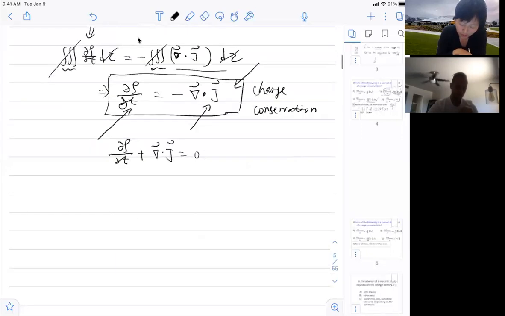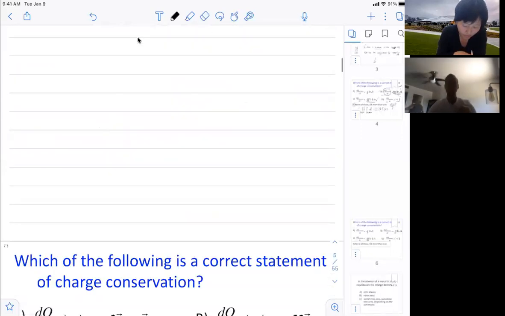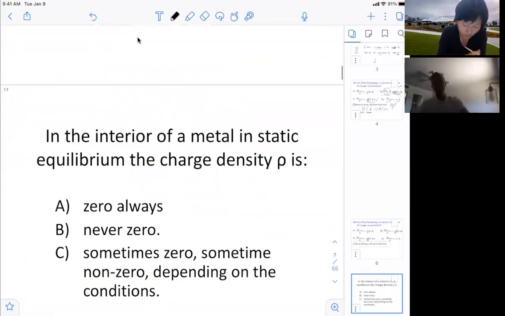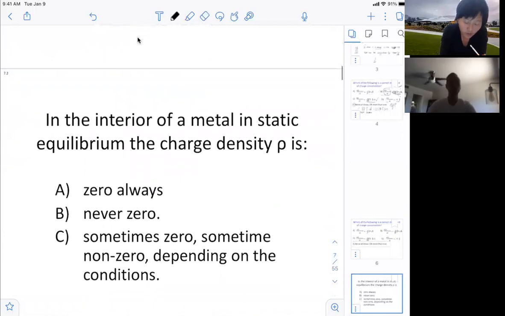So let's look at another question. In the interior of a metal in static equilibrium, the charge density rho is what? Okay, so I want to give you a couple of equations that we are going to use to answer this question. One of them is the charge conservation we have just talked about.